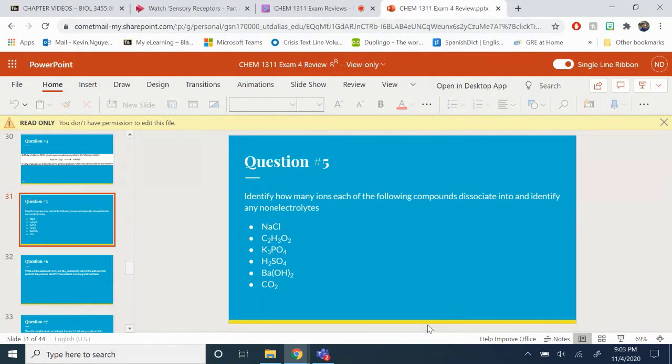It's barium hydroxide. Barium has a 2+ charge, and hydroxide has a 1- charge. So it's going to have 3 ions total. It breaks apart into 3. It's one of your strong bases that you need to help summarize. I believe there are about 8 strong bases and then 7 strong acids. Okay, what about the last one?